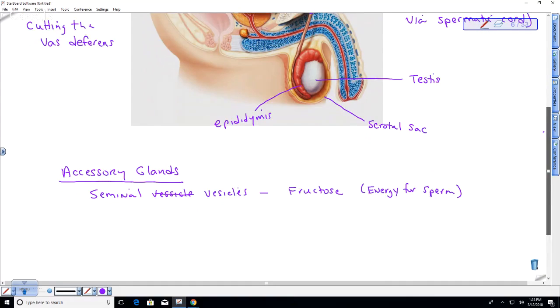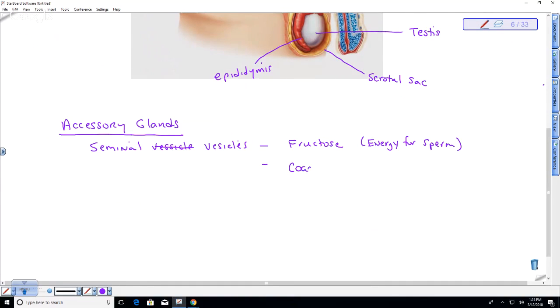It also produces a coagulant. And this actually thickens the semen upon entry into the vagina. And the reason for this is that this prevents backflow.